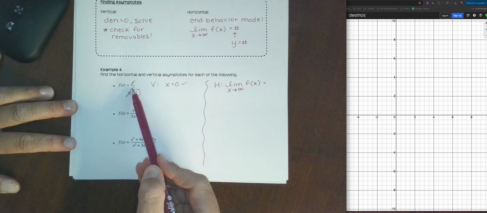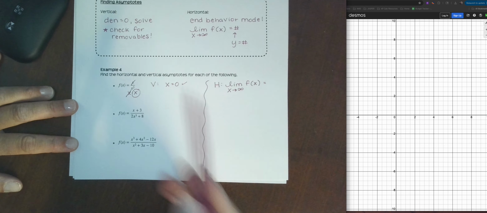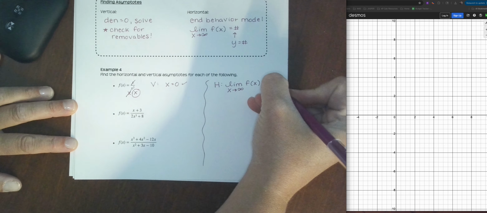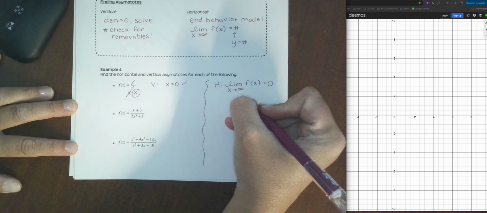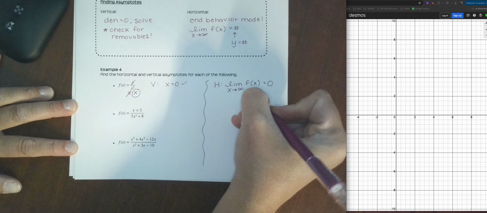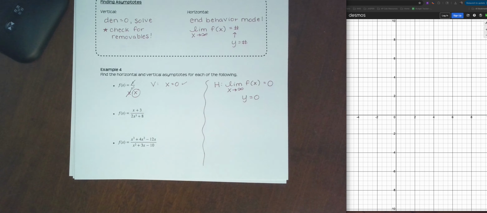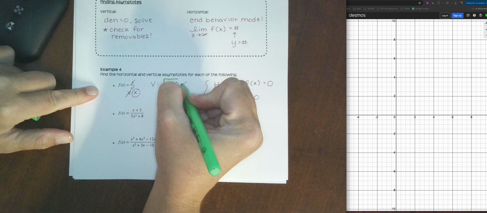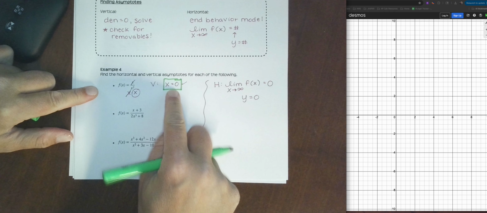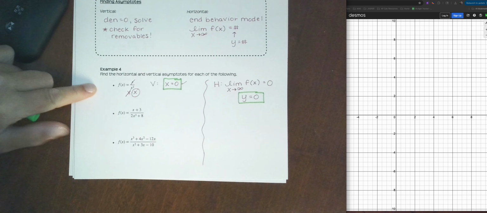The bottom would grow faster as an x squared, and so anytime the bottom of your fraction is growing faster, your fraction value is going to approach 0. So the answer to the question for the asymptote would be y equals 0. So make sure you're answering these correctly. Because, I mean, there's some work that you have to do to figure them out, but a vertical asymptote will always be x equals a number, a horizontal asymptote will always be y equals a number.